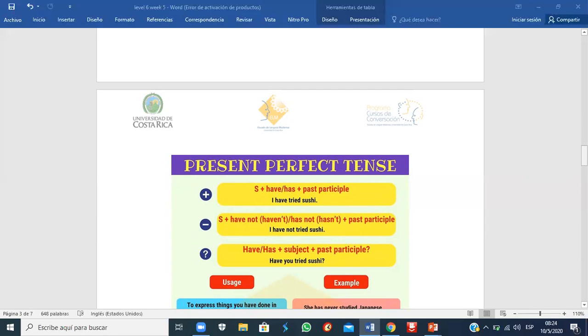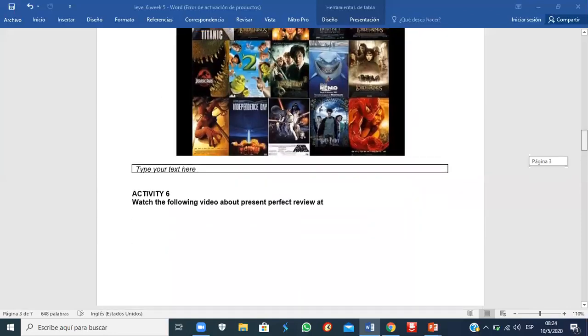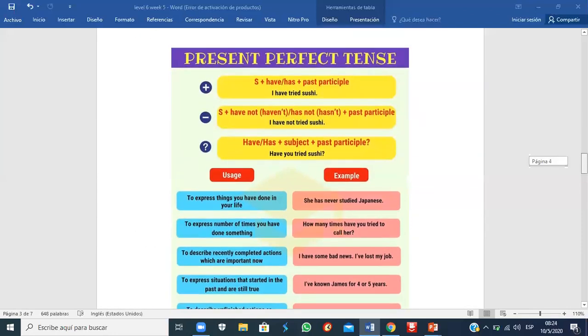Okay, so we have to say I have studied, I have traveled, I have not, let's say, studied French in a formal way. Okay, so this is how we do it with this specific structure related to the present perfect.